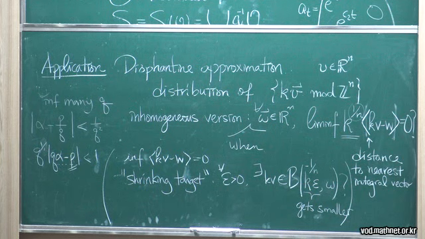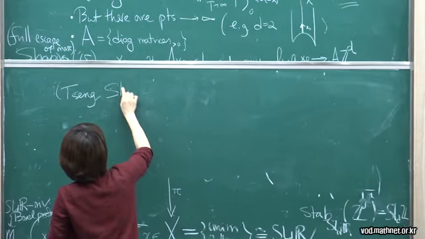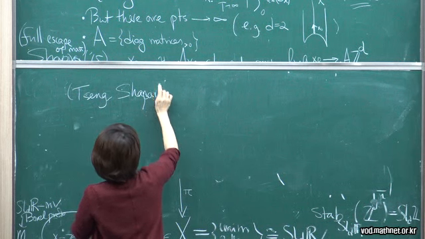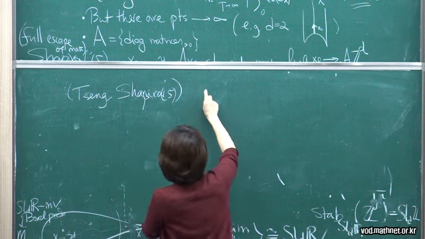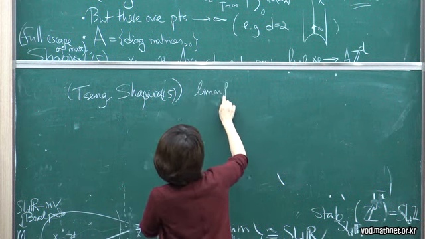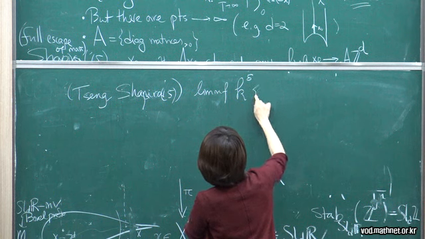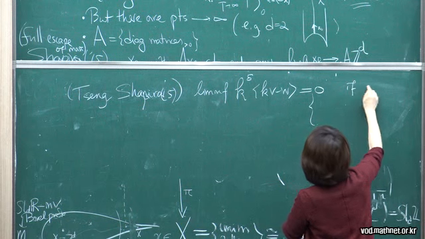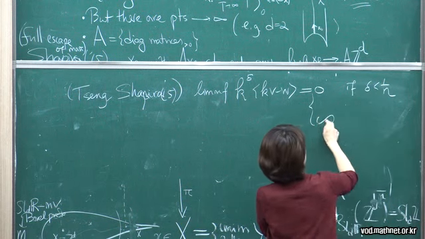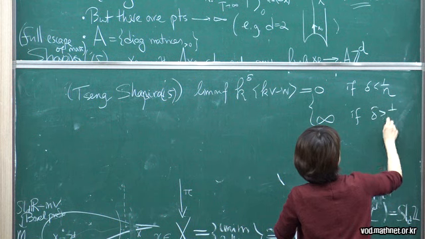It's already known, by Kleinbock and Weiss, and more generally for matrices by Uri Shapira, that the lim inf of k to the delta times kV minus W is 0 if delta is less than 1 over n, and infinity if delta is bigger than 1 over n.